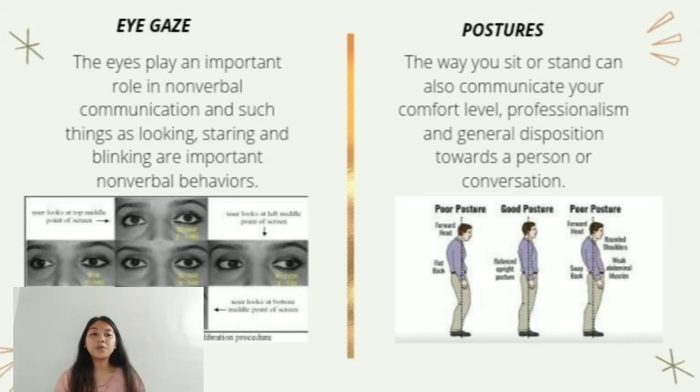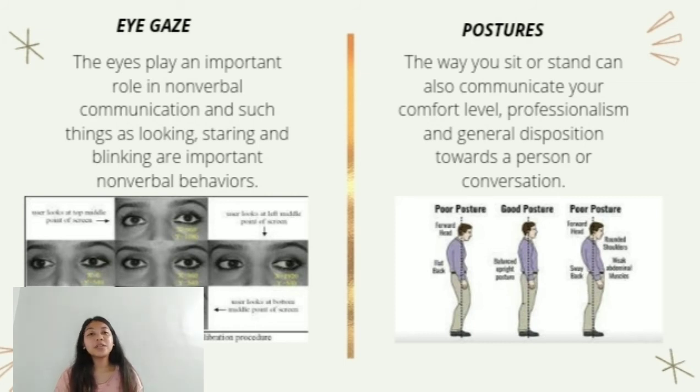Next is the posture. So the posture is the way you sit or stand, and it can also communicate your comfort level, professionalism, and general disposition towards a person or a conversation. So posture also plays an important role where we can know if the person wants to listen and perceive our message.